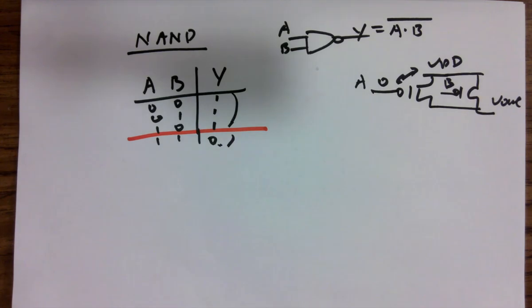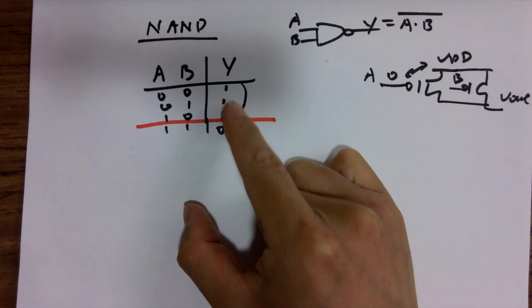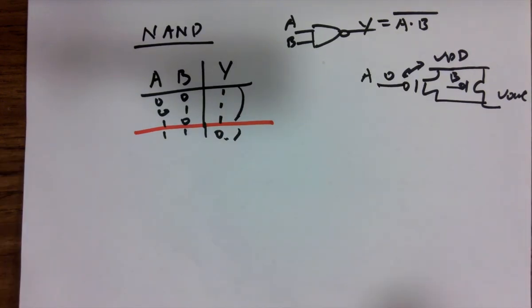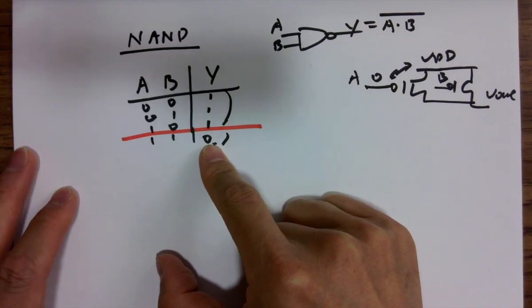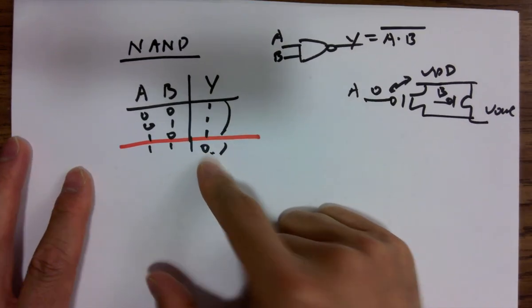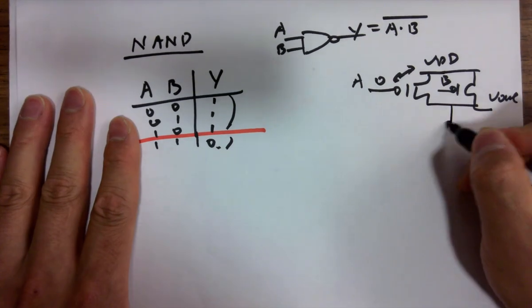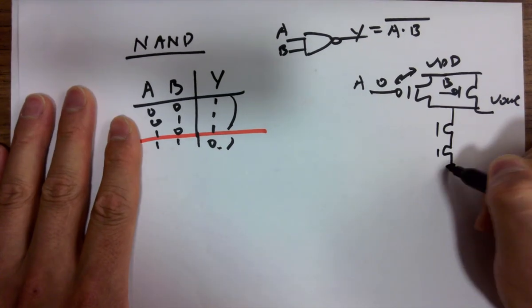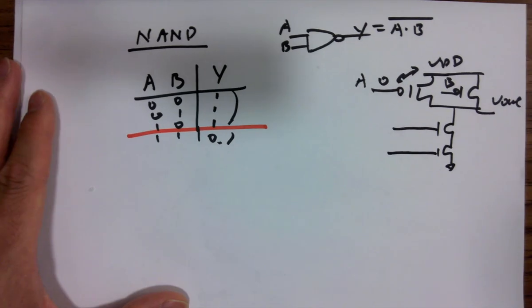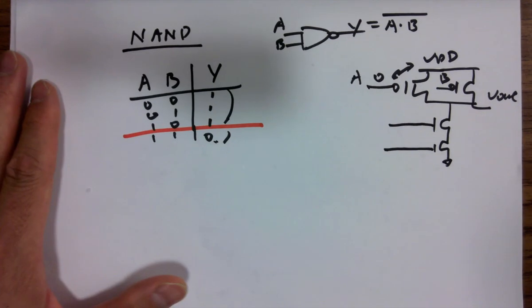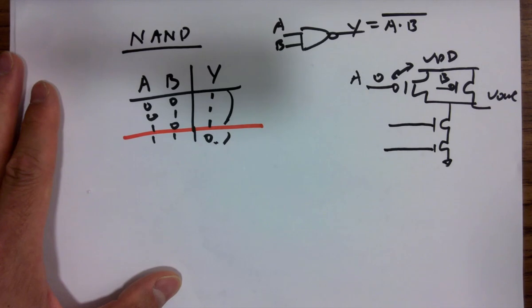So now we already have two PMOSes covering the top 3 entries, and we need another two NMOSes connected in a certain way that is able to handle this logic here. How do we want to connect the circuit? Series. Two NMOSes in series, great. How do we make the connection to the gate? I guess one is A, one is B. Yes.